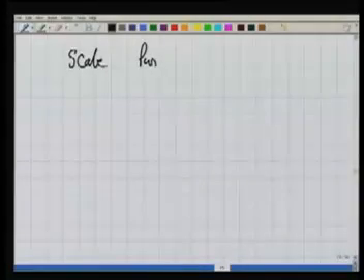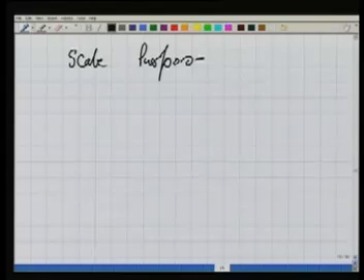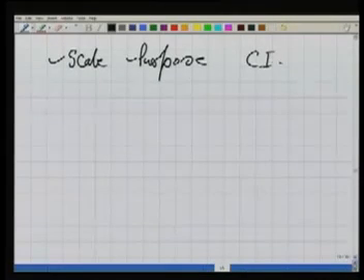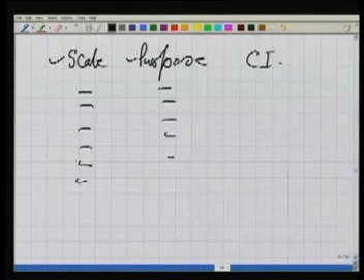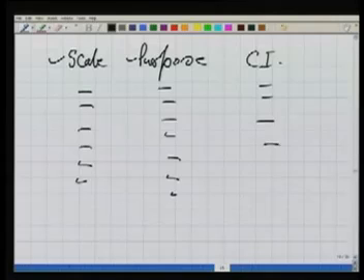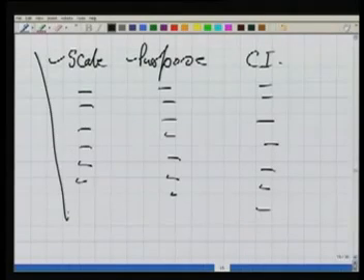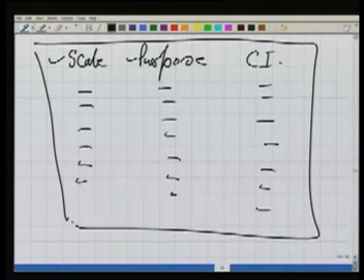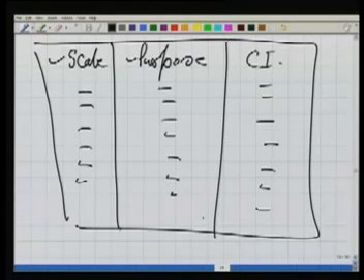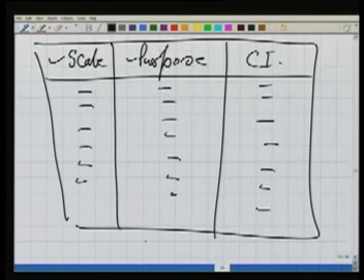Generally, to help you, there are some tables also. And these tables will give you the scale of the map, what is the purpose of the map, and then the contour interval is given here. So these tables are available in standard textbooks, as well as depending to which agency you are working, you will have to work on the standards of that particular agency.